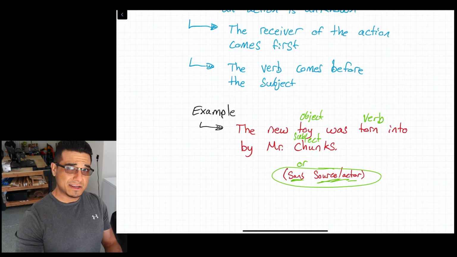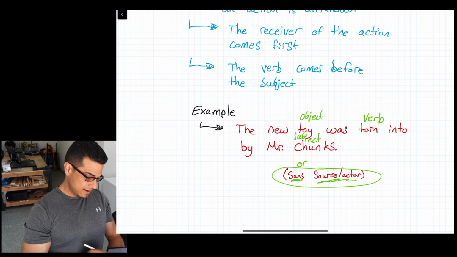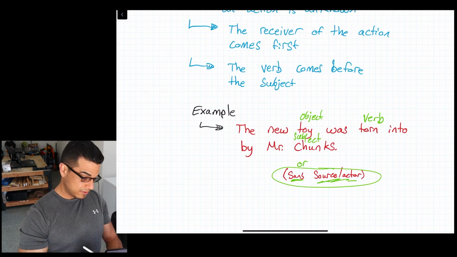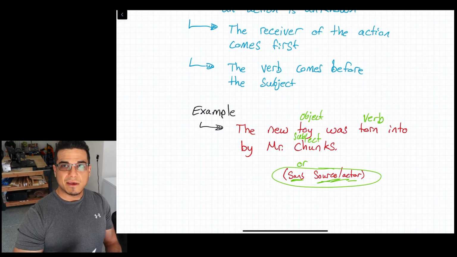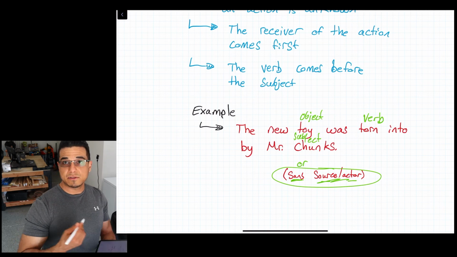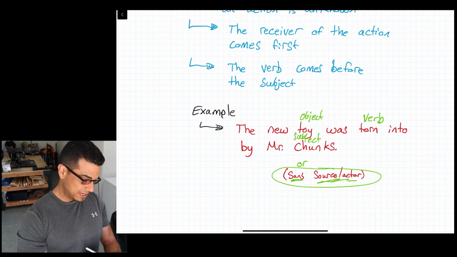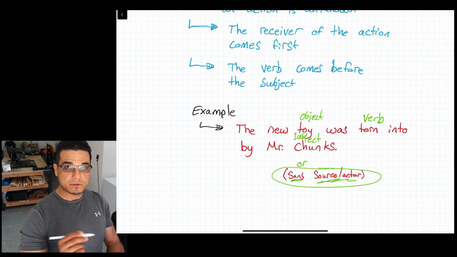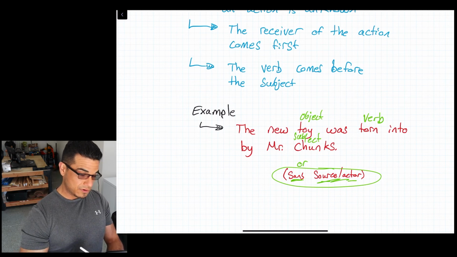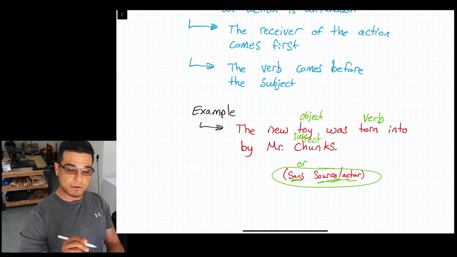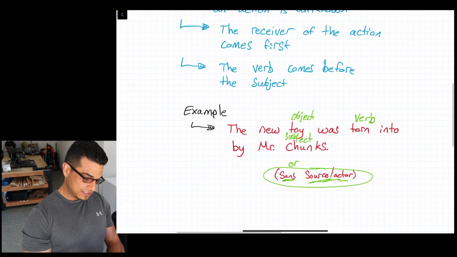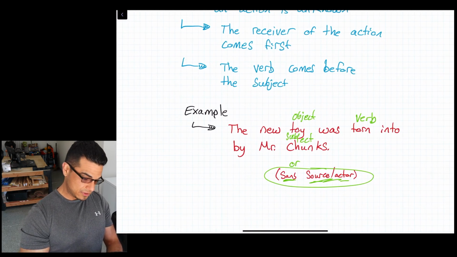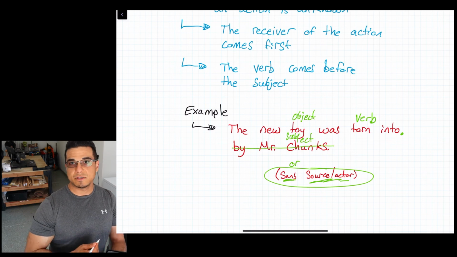So if I were to change the example sentence I gave, where I have the new toy was torn into by Mr. Chunks, I could actually get rid of Mr. Chunks altogether. So for example, the new toy, so there's my object, was torn into, so I have my verb. And instead of saying by Mr. Chunks, I would just end it with a period and just eliminate that last portion.